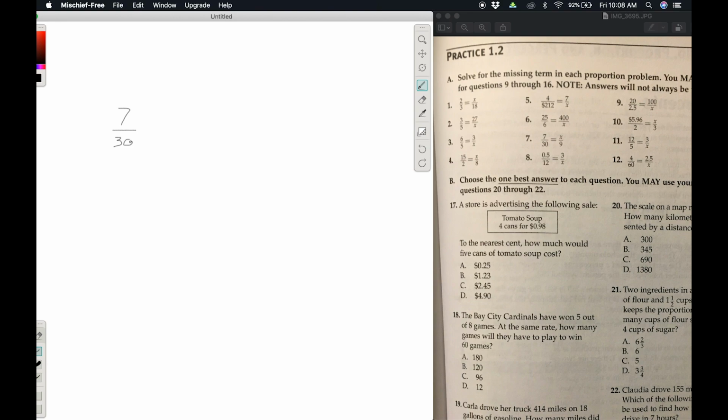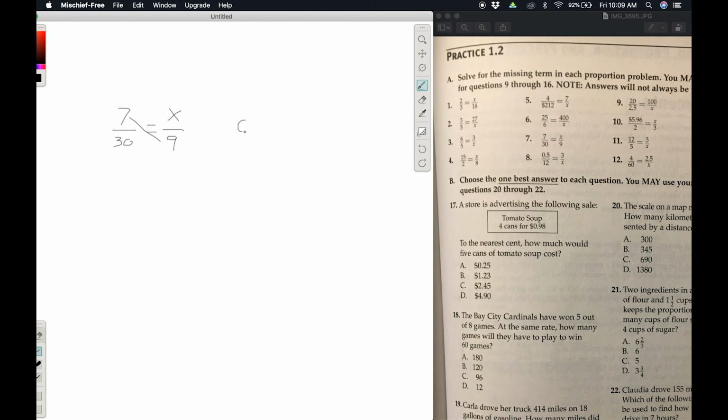7 over 30 equals x over 9. Okay, so remember, multiply diagonally towards the side with the x, the missing variable. So 7 times 9 is 63.